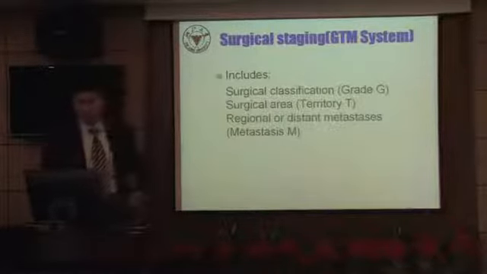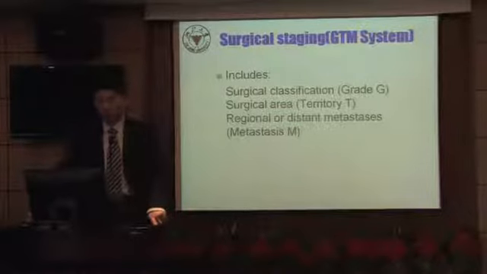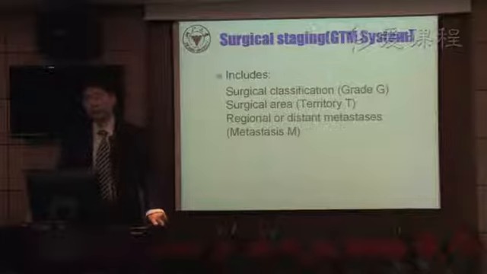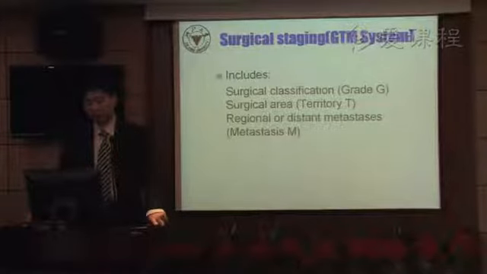Okay. And if we are doing a surgery, we should consider the surgical staging of this bone tumor. That means the GTM system, used to classify the staging of this kind of tumor.